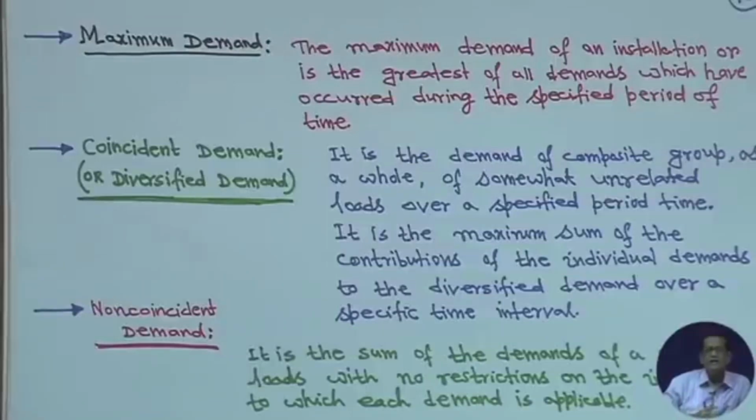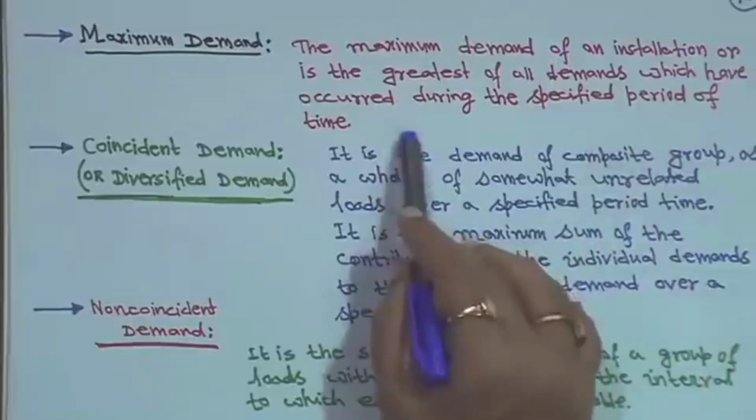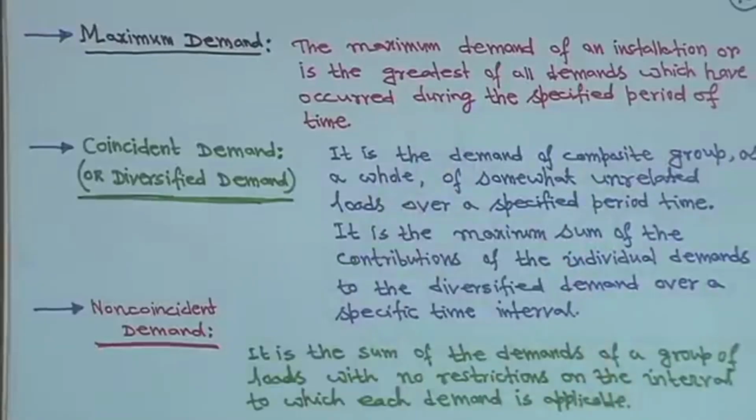Suppose you take from midnight to the next midnight, so 24 hours. During the 24 hours you see that for a particular installation or system, demand is increasing and decreasing. So you note down what the maximum demand is during the specified period of time, and that will be the maximum demand.